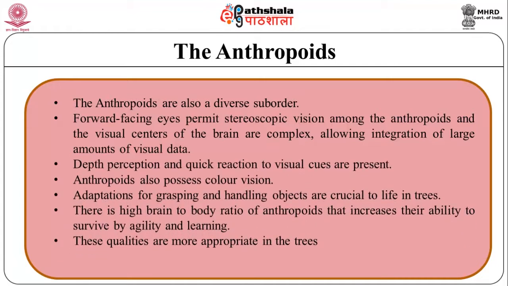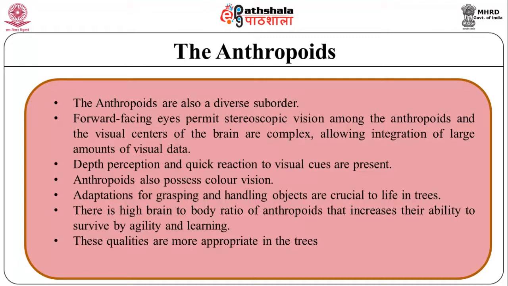Depth perception and quick reaction to visual cues are essential to tree living. Anthropoids also possess color vision, which aids in depth perception and the sighting of brightly colored fruit in trees.